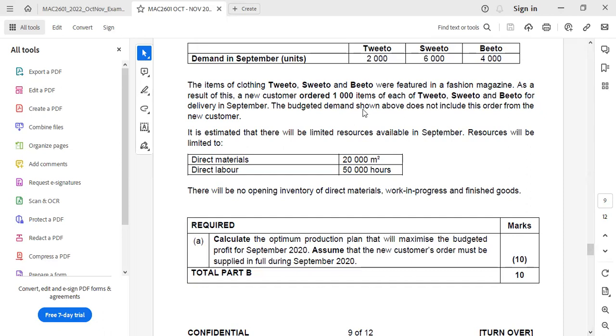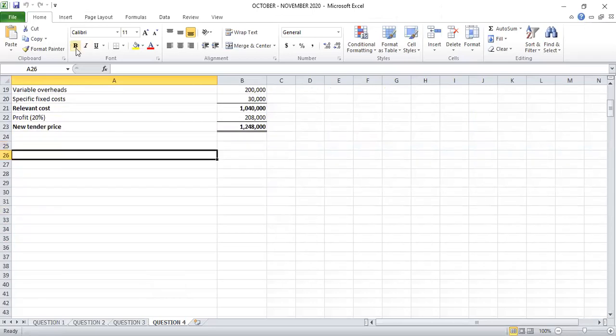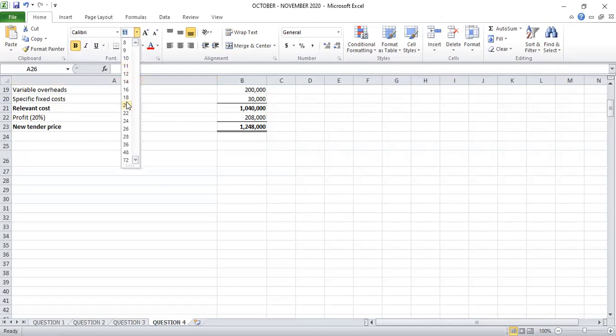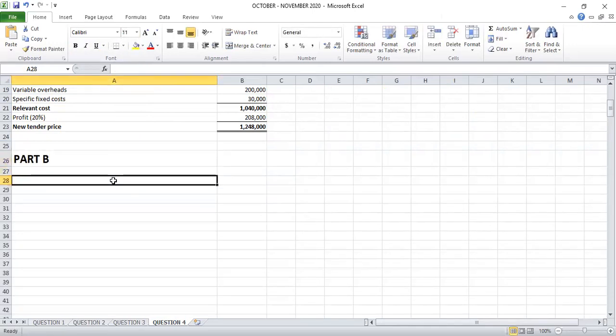So our principle is the limiting factor or optimum production plan.